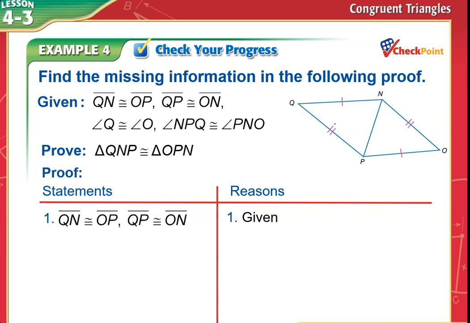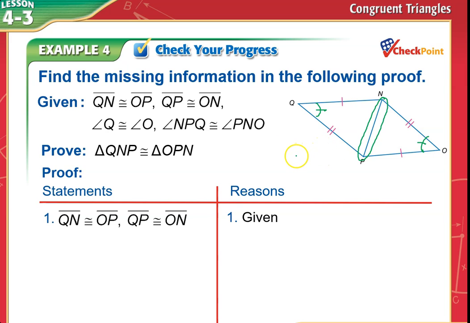Okay, we also know that angle Q, we'll draw that in, is congruent to angle O. Let's go ahead and just put a line like that. Now we also have that this side is going to be congruent to itself because of the reflexive property. So it looks like I have three sides.